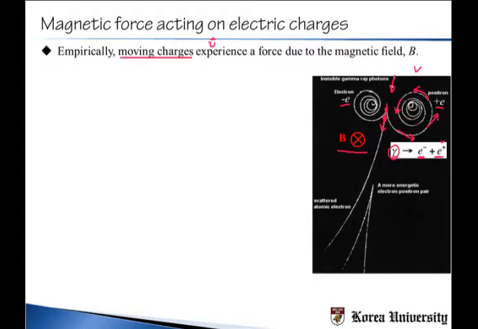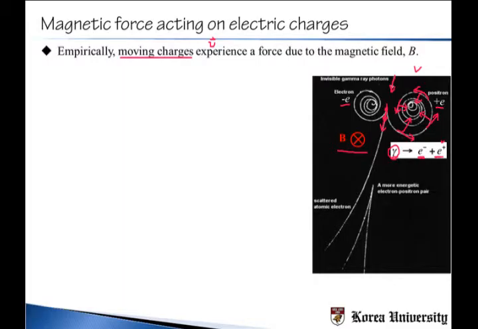And in order to do the circular motion, you need some kind of force pushing it toward the center of rotation, right? We call this centripetal force. So here the magnetic force will work as a centripetal force, and then the direction will be like this.